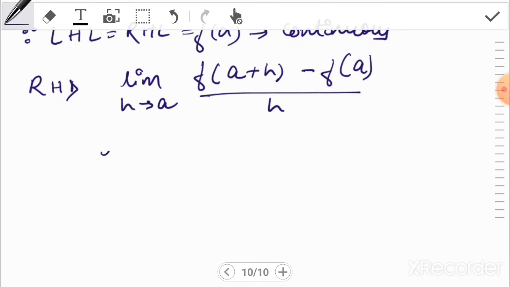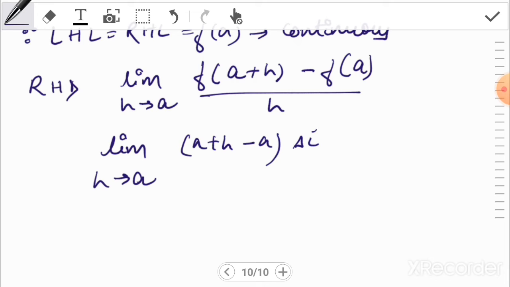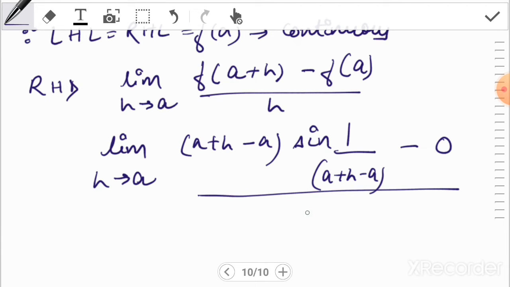So this is limit h tends to 0, a plus h minus a sine 1 by a plus h minus a, and minus f of a which is 0, by h.